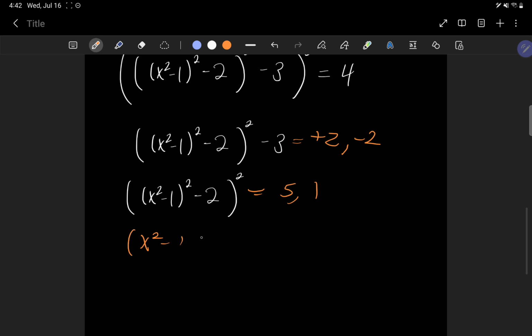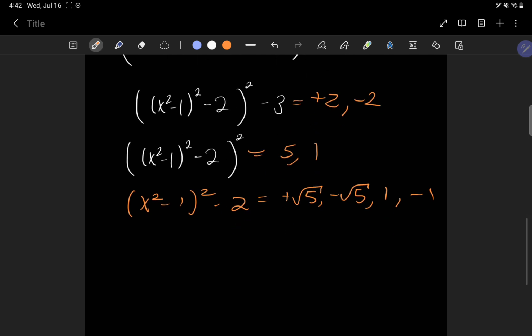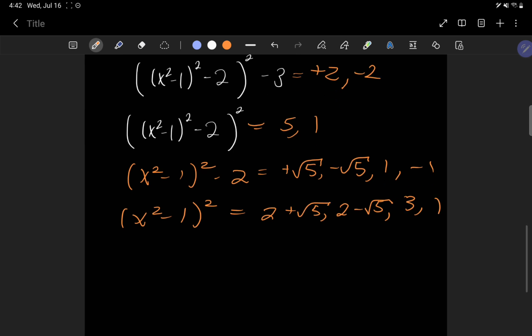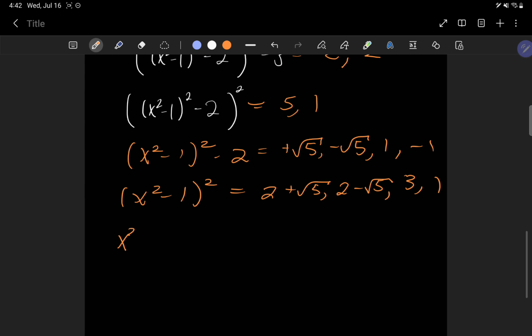And then you have x squared minus 1 squared minus 2. Now you're going to have plus root 5, minus root 5, positive 1, negative 1. Oh, because you're doing... Okay, and then add 2 to everything. So 2 plus root 5, 2 minus root 5, 2 plus 1 is 3, and then 2 minus 1 is 1. Right? And then square root again.